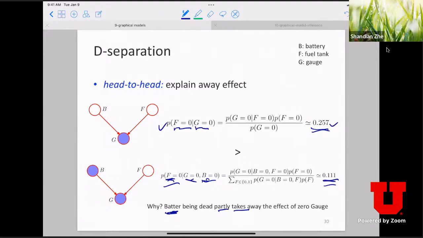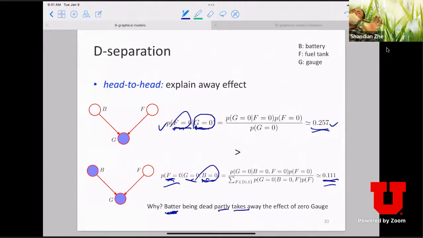Previously, before we had observed the battery is dead, we kind of attributed your observation, the reason that you have a 0 gauge reading, mostly to your tank being empty. But now you have observed the battery is dead.